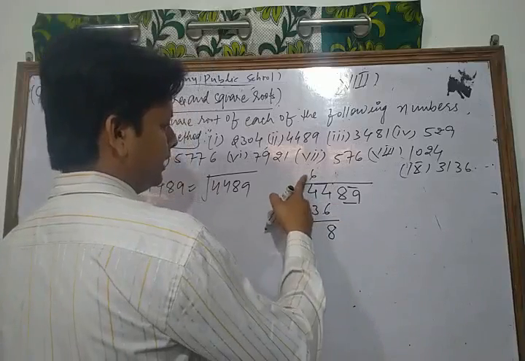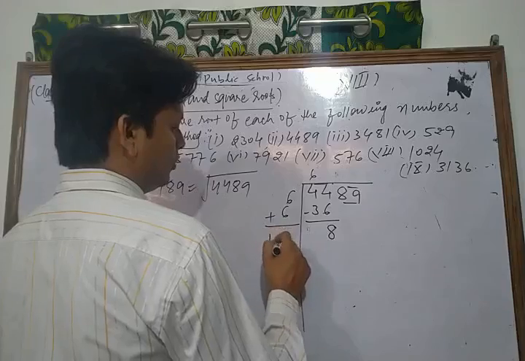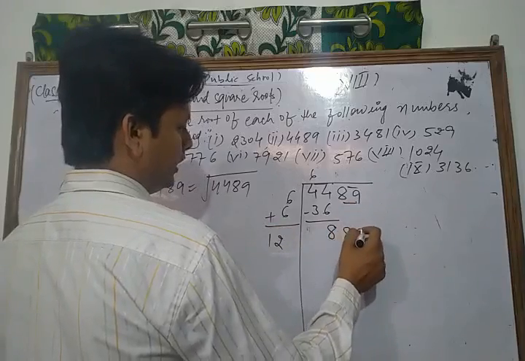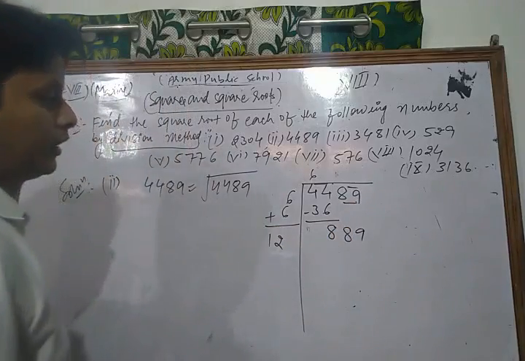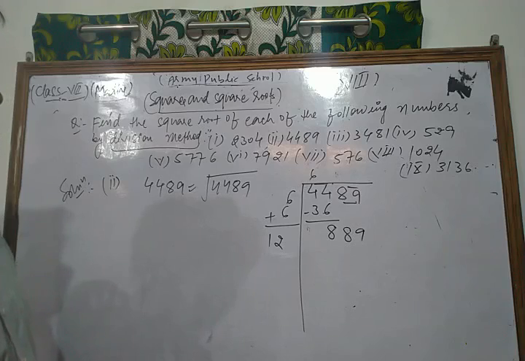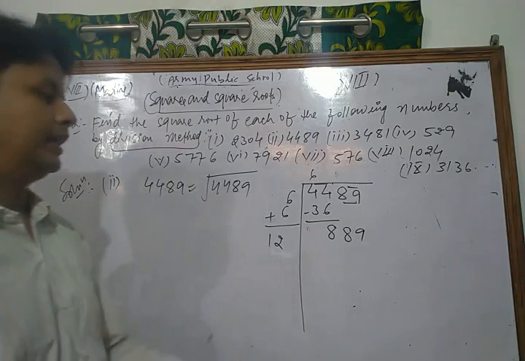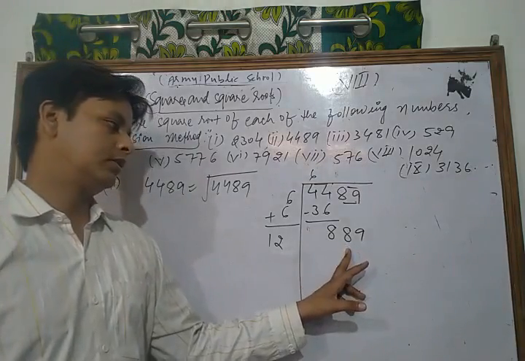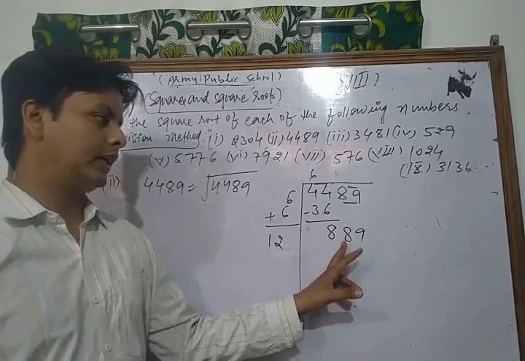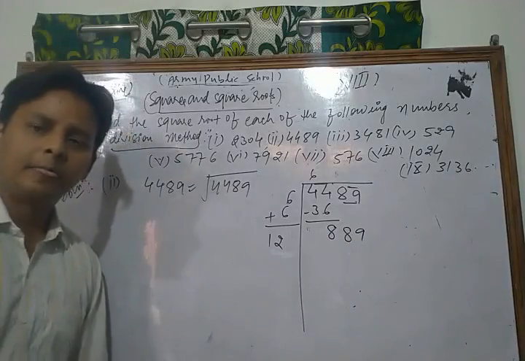Now that quotient is added to the divisor, 6 6 is 12, and we write 89 here. Always take in pairs. Now here we have 889. How many times do we take?